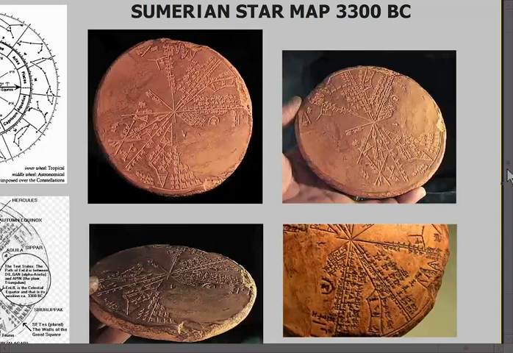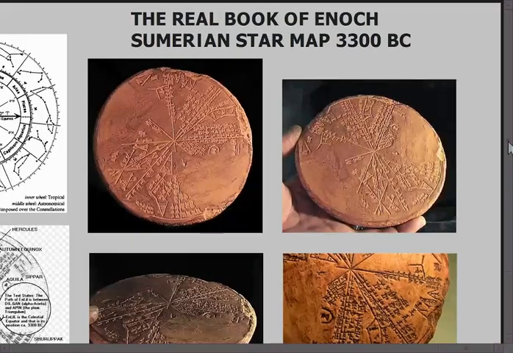It's going to be written in cuneiform, and it's going to be about the stars. And so that's why I say this could be, if there is one, the real Book of Enoch. And that's what I have to say about it.